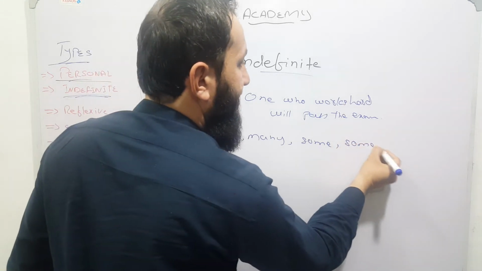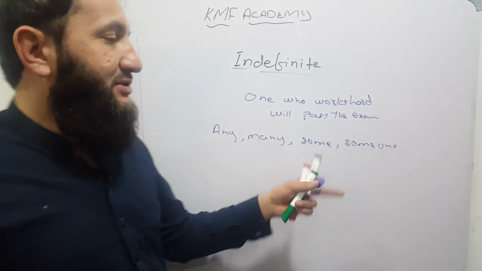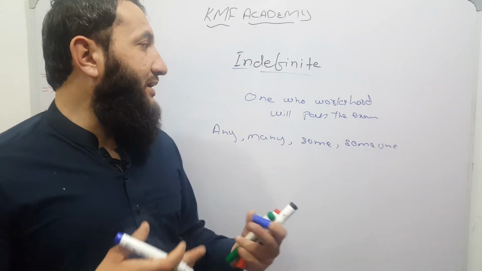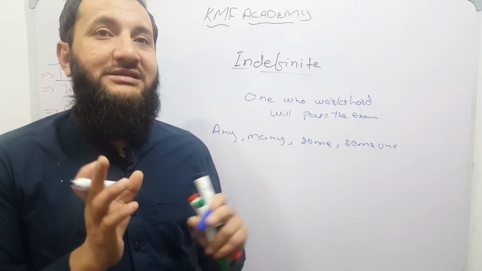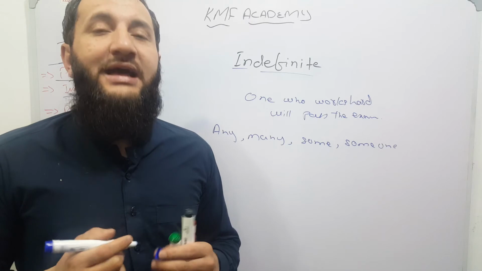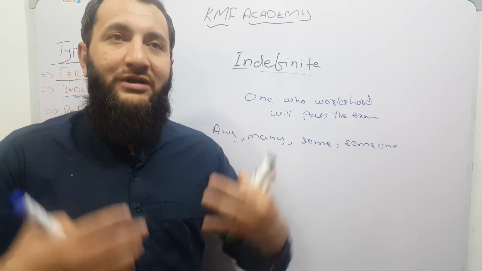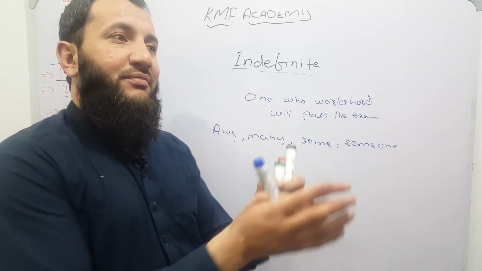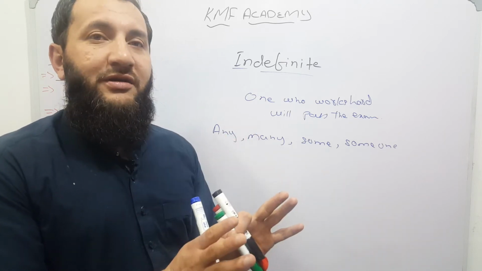Someone, somebody, anybody, anyone. These are all different examples of the indefinite pronoun, because in them we do not identify a specific guy. Anyone who walks would get healthy. I didn't say that if Mr. Peter walks, he would be healthy. No, I said anyone. Clear?